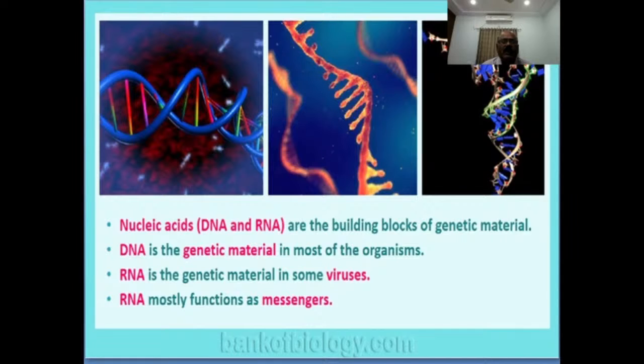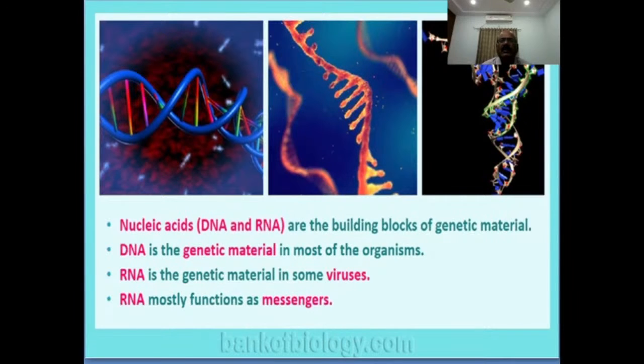RNA is also found in all organisms except some viruses. RNA in the majority of organisms functions as messengers, that means it is generally involved in protein synthesis. So DNA and RNA together are called nucleic acids.